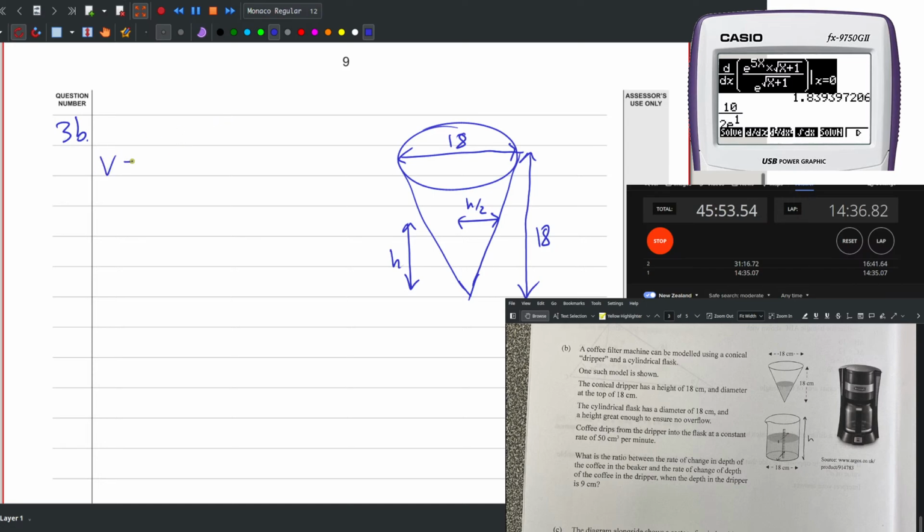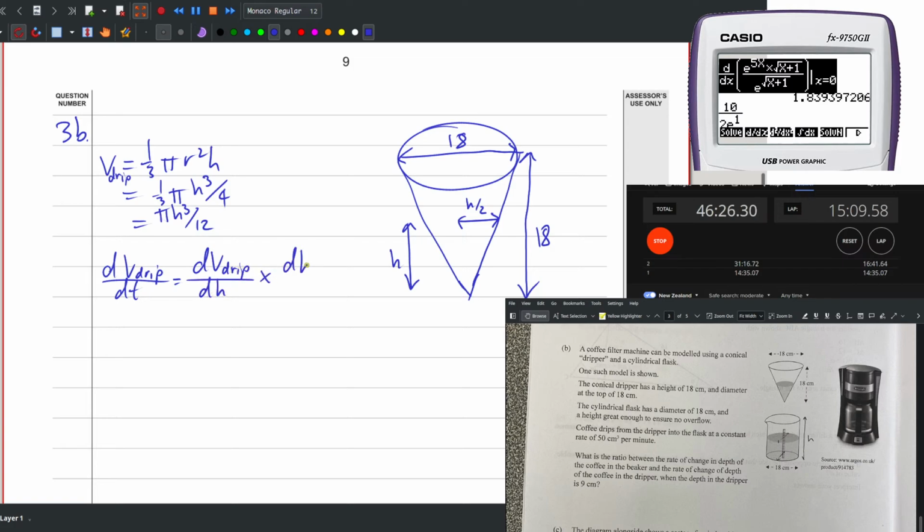And then V equals a third pi r squared H or something. So a third pi H cubed on 4, 12. Okay, so V drip. And then, this is like one of those chain rule questions, right? So dV drip over dt is equal to dV drip over dh times dh over dt.